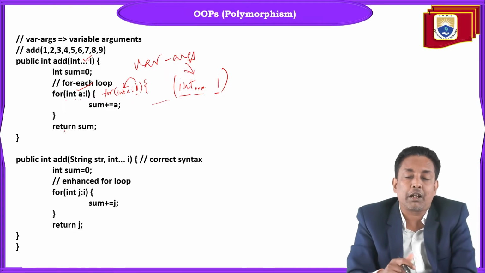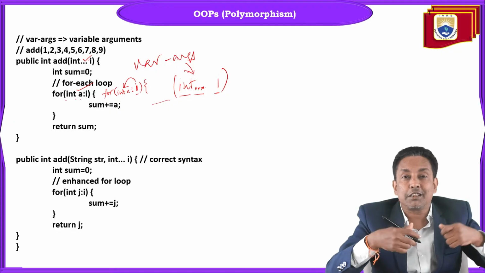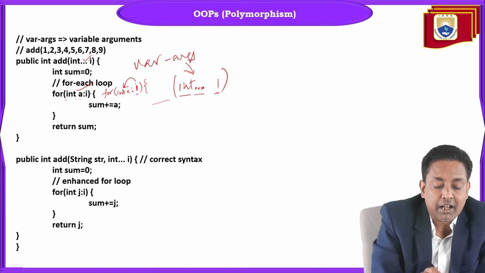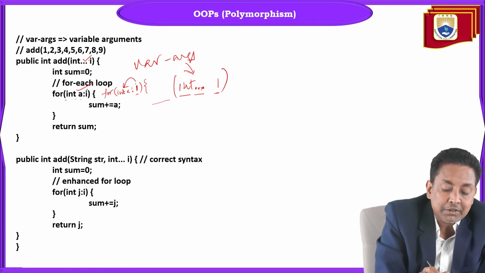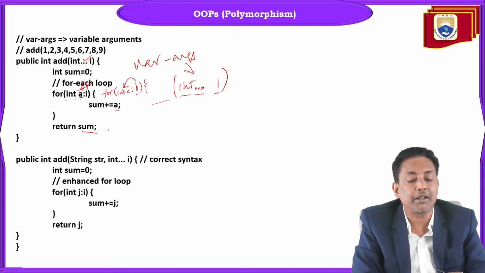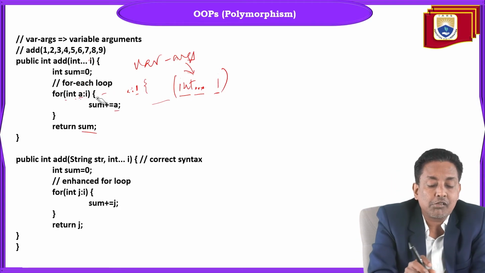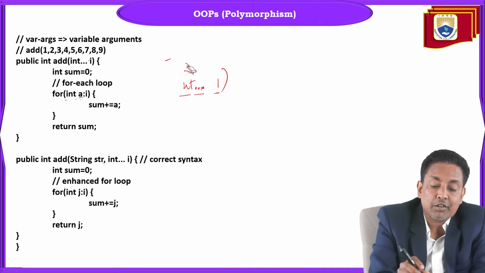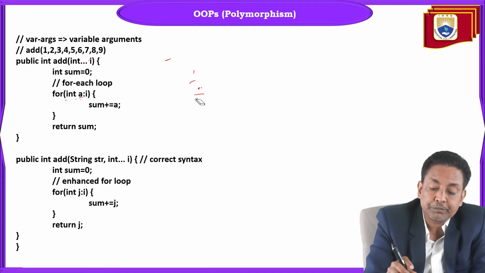The length will automatically be found, and from the indexes each value will be retrieved automatically. So if you write for int a colon I, as many times as the size of I, each element will come to a and be added to sum, and finally sum will be returned. So this is how, by using varargs, we can avoid even using arrays as parameters in the method.